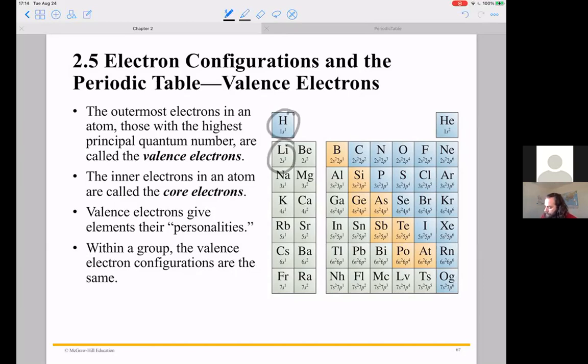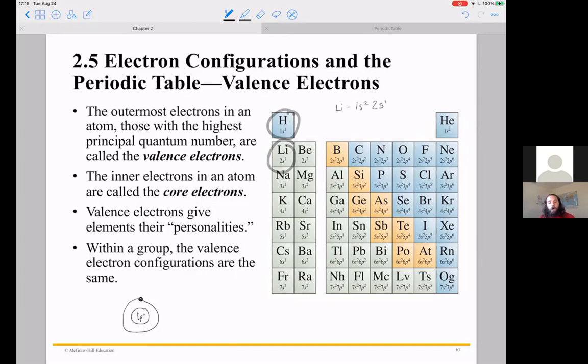Remember that hydrogen is the simplest atom. It has one proton surrounded by one electron. Lithium has three electrons. If we drew out the electron configuration, it would be 1s2, 2s1.